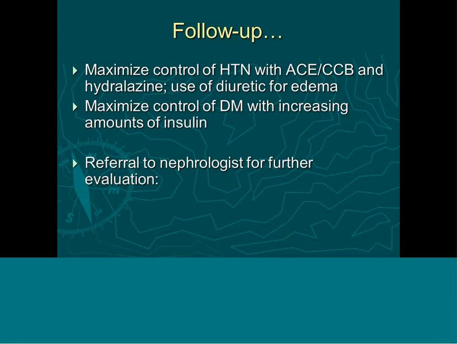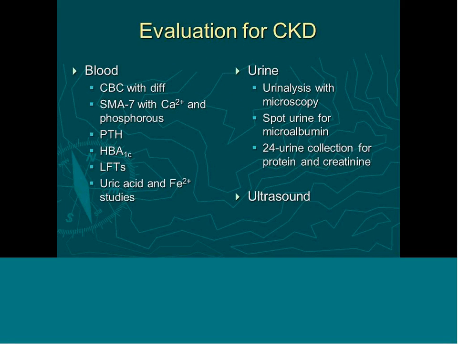Whenever you evaluate a patient with chronic kidney disease, you order a CBC, a basic metabolic panel, phosphorus, thyroid hormone, liver function tests, hemoglobin A1C, and you order a UA with microscopy to see if they have any cellular casts. You order a spot urine for microalbumin and measure a ratio.